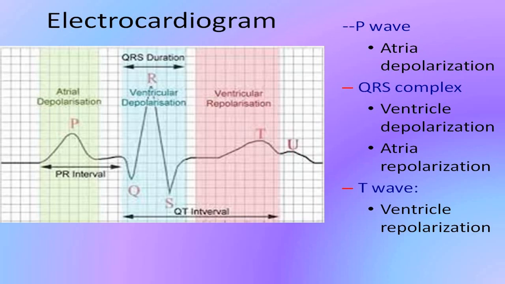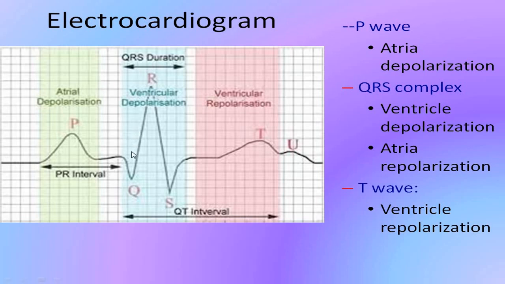In simple words, depolarization is a change in the charges across the membrane of the myocardial cells, which then results in contraction of that part of the heart. And when contraction is over, repolarization occurs, and that part of the heart starts to relax. So the P wave represents atrial depolarization.